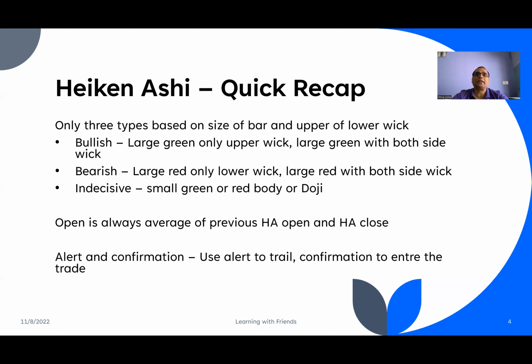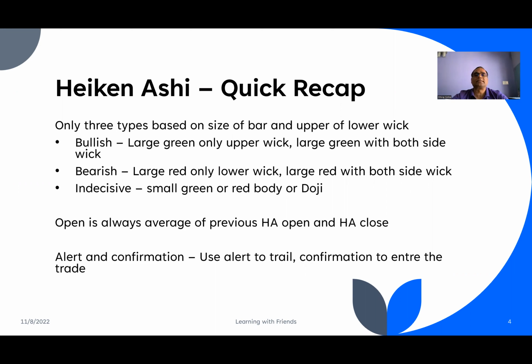Now, how do we determine that the trend is bullish? I will just use green for bullish and red for bearish, though you can of course change the color. There are two things that you need to look at in the Heiken Ashi candle to understand where we are. One is the size of the body. It depends on the instrument you are trading, and there is no fixed rule for what is big and what is small. But visually, you will be able to say whether these are strong, large candles or small candles.